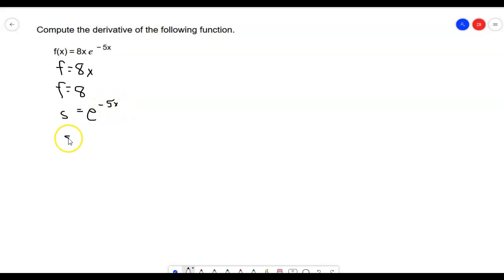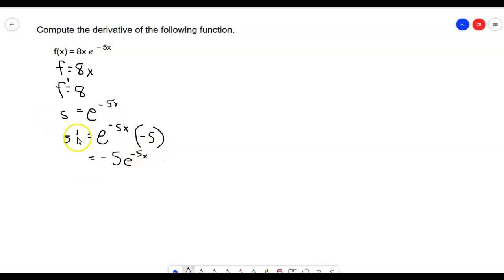And the derivative of my second function is going to use the chain rule: the derivative of the outer function, which is just e to the negative 5x, times the derivative of the inner function, which is just going to be negative 5. So I can simplify that to just negative 5 e to the negative 5x.